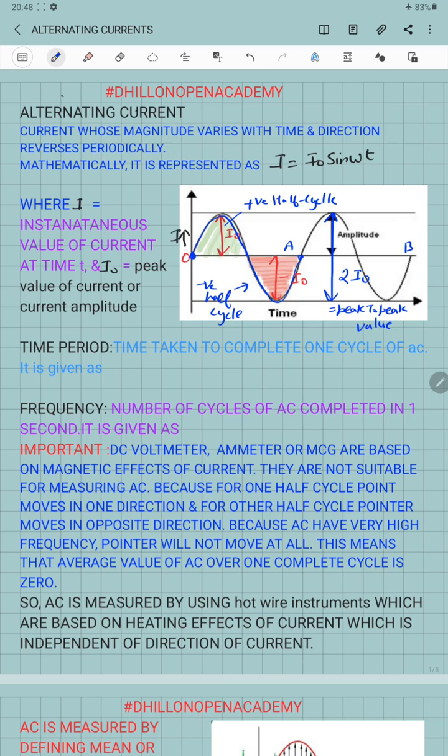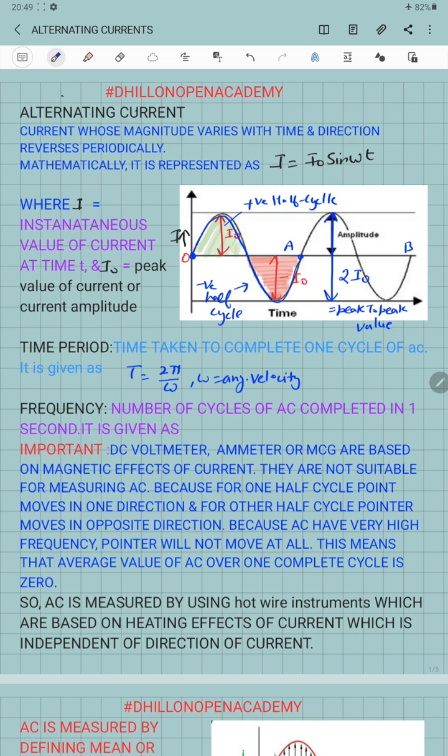The time taken to complete one complete cycle of AC we call the time period, and the time period T is given as T equals 2 pi over omega, where omega is the angular velocity of a coil rotating inside a uniform magnetic field, which induces an alternating current given mathematically as I equals I naught sine omega t.